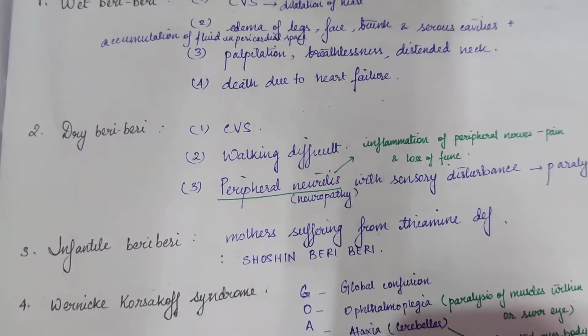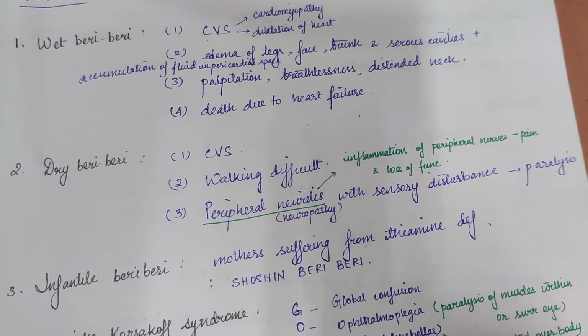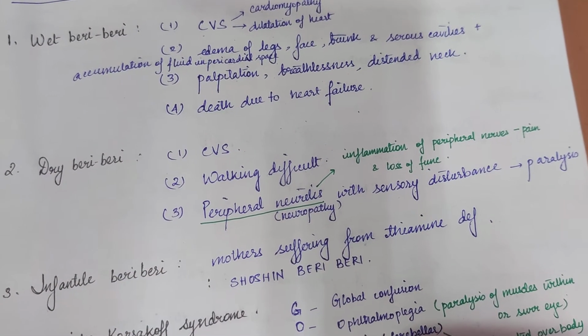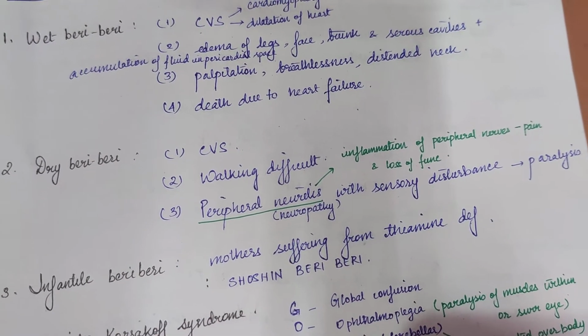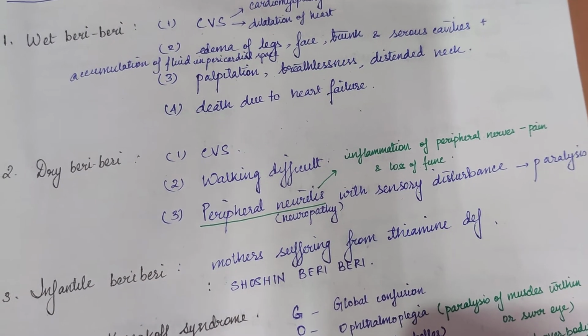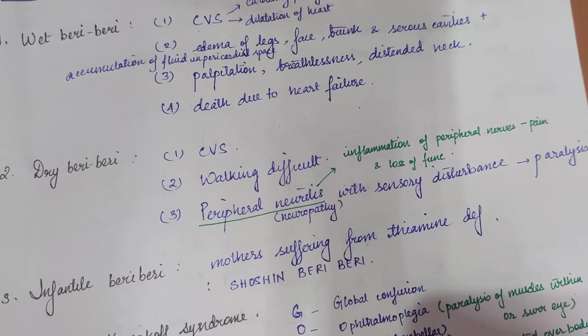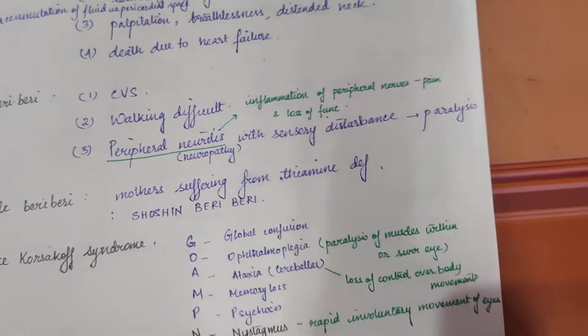Now we come on to dry beriberi. Dry beriberi also affects the cardiovascular system, obviously, and it makes walking difficult. Then it causes peripheral neuritis. It affects the peripheral nerves, meaning inflammation occurs with pain, and therefore sensory loss. So it ultimately causes paralysis.